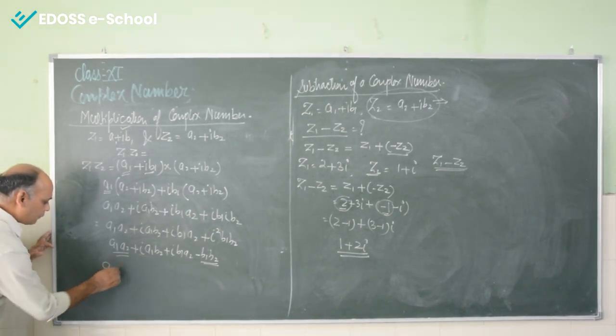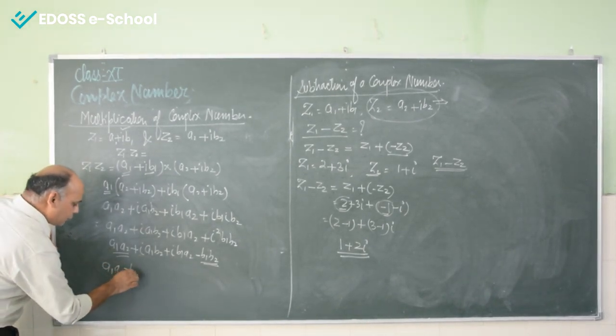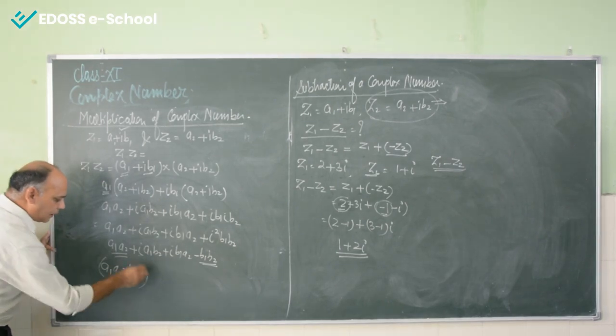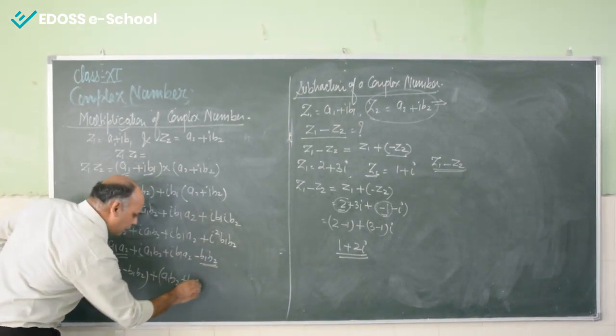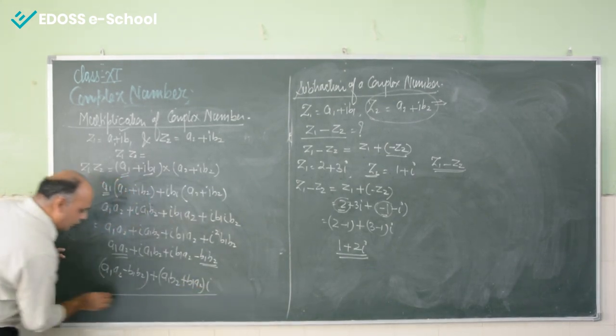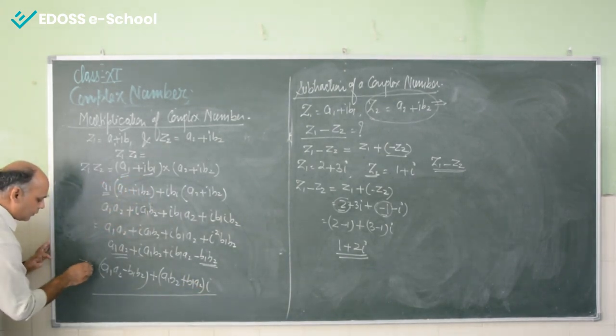Then A1 A2 minus B1 B2 will be the real part, and here this will be A1 B2 plus B1 A2 multiplied by iota, this is again Z1 Z2.